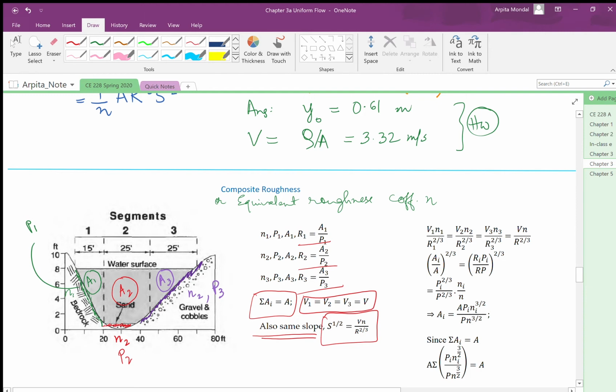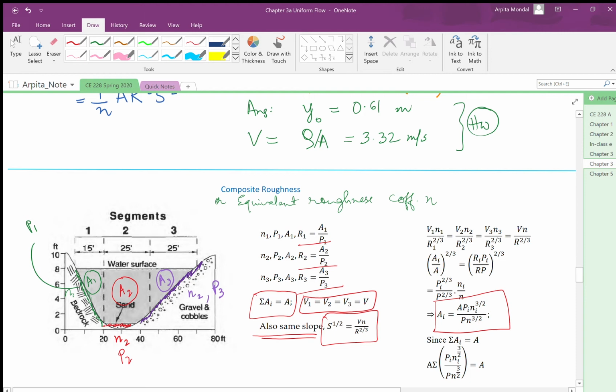Now, when we write Manning's equation for each of these three subsections and we rearrange the terms a little bit, then we can write each area in terms of its wetted perimeter as well as the total area, the total wetted perimeter and the equivalent roughness coefficient.